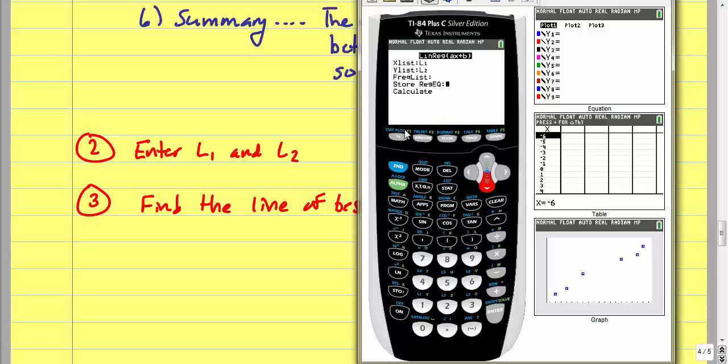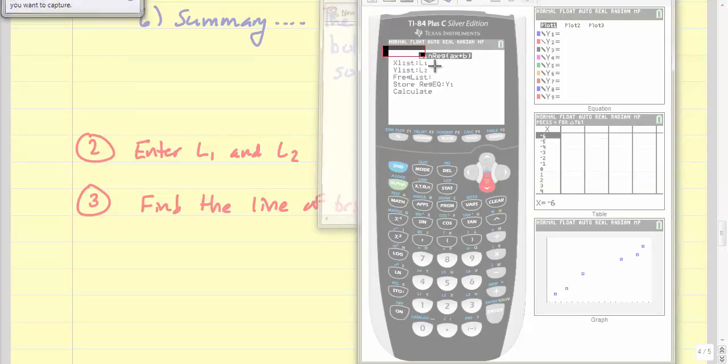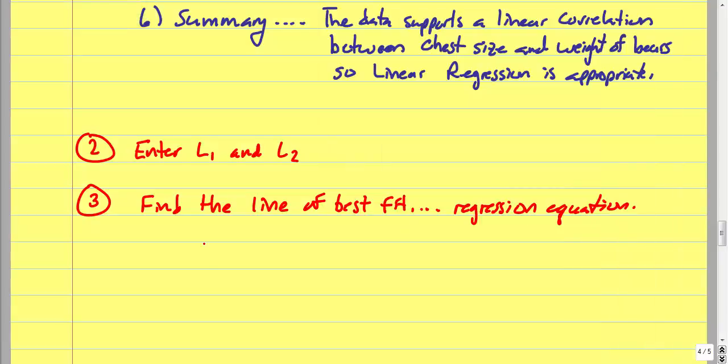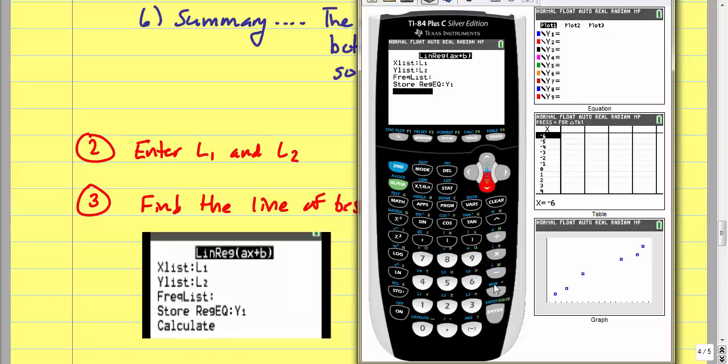What I can do is have this store it in Y1, and then I can plot this. In order to do this, we go to variables, Y variables, function, and then I can store it in any of these Y equals that I want. I'm just going to store it in the first one. Let's hit calculate. We'll do a screenshot of this first in case we need to look back for instructions. And then let's hit calculate. And here's our regression equation.